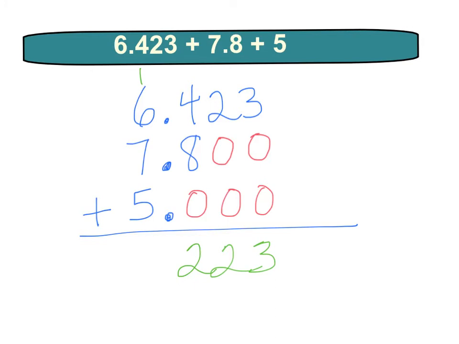Again, do you see this decimal point right here? It has to go exactly in the same spot. So I'm putting my decimal point right here. Then I'm adding 6 plus 1 is 7, plus 7 is 14, plus 5 is 19. And therefore my answer is 19 and 223 thousandths.